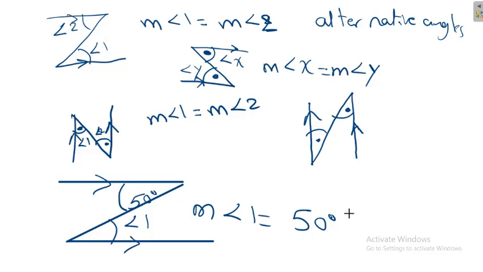Okay, let's take a tough example, to put the interior and the alternative angles and the corresponding angles and the exterior angles and the angle of the triangle together in one example.